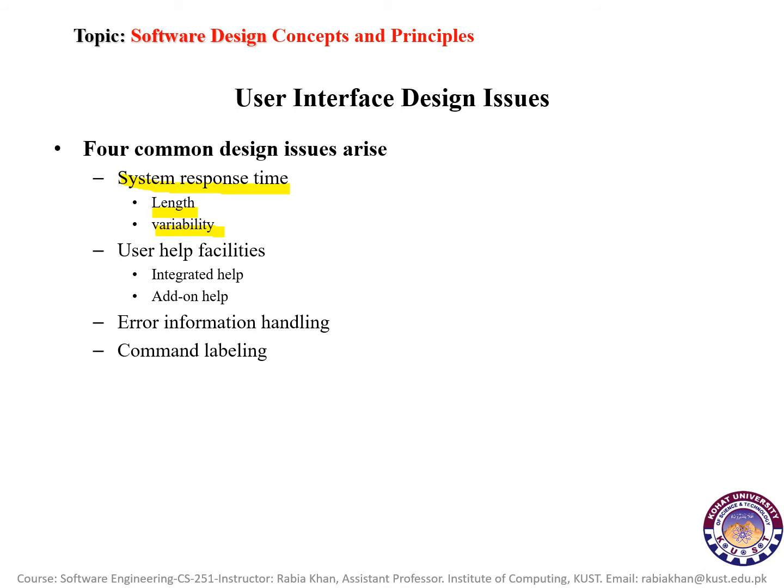The second design issue is the user help facilities. Almost every user of an interactive computer-based system requires help now and then. In some cases, a simple question addressed to a knowledgeable colleague can do the trick.